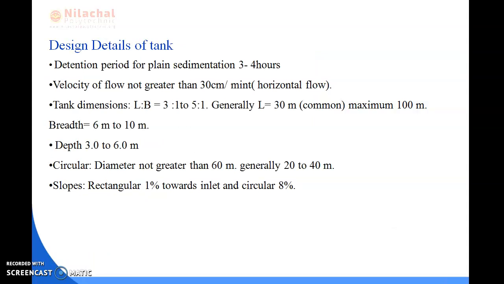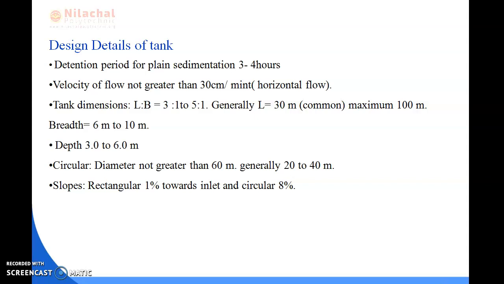So now we will be reading about the design details of the tank. If we design the tank, what will be the details? The detention period for plain sedimentation is 3 to 4 hours, and the velocity of flow, which is horizontal flow, is not greater than 30 centimeters per minute. The tank dimension, length to breadth, is 3:1 to 5:1.